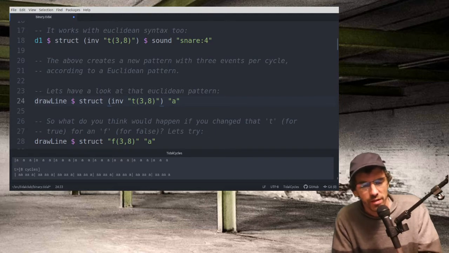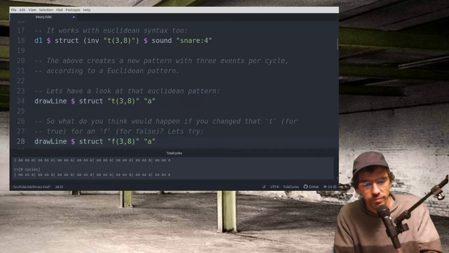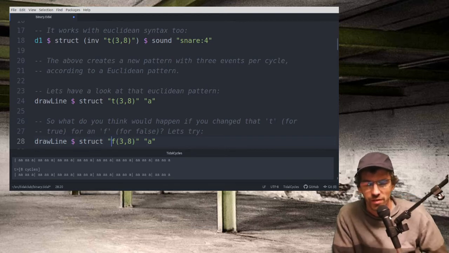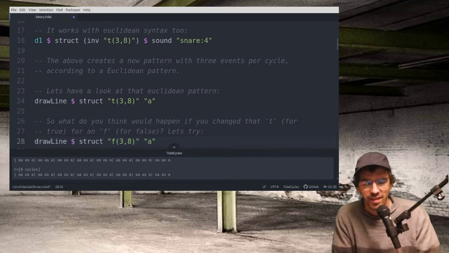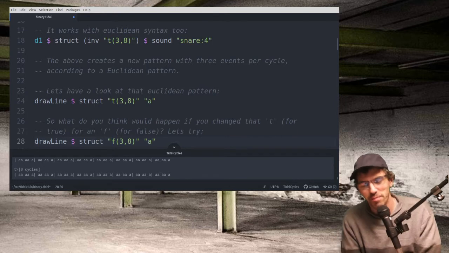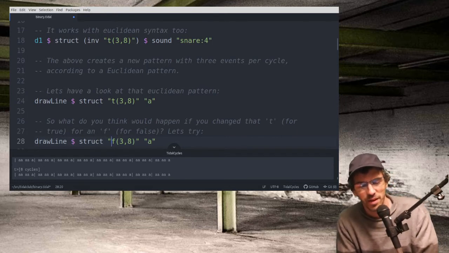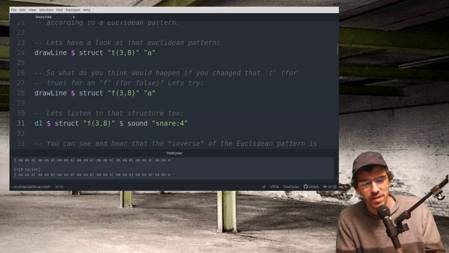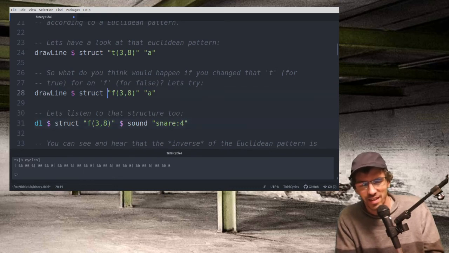And actually there's another way of doing this. So instead of making a pattern of true values, you can just start off by making a pattern of false values. So that's like doing an inverse of the true values. You're making a pattern of false values, and then the gaps in between them is where the true ones end up. You can hear that as well.